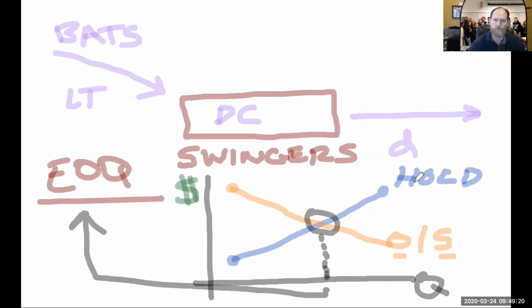So in other words, where the holding cost and the ordering/setup costs are the same, that is the economic order quantity. I'll say it one more time. Where the holding costs and the ordering/setup costs are the same, that is the economic order quantity.